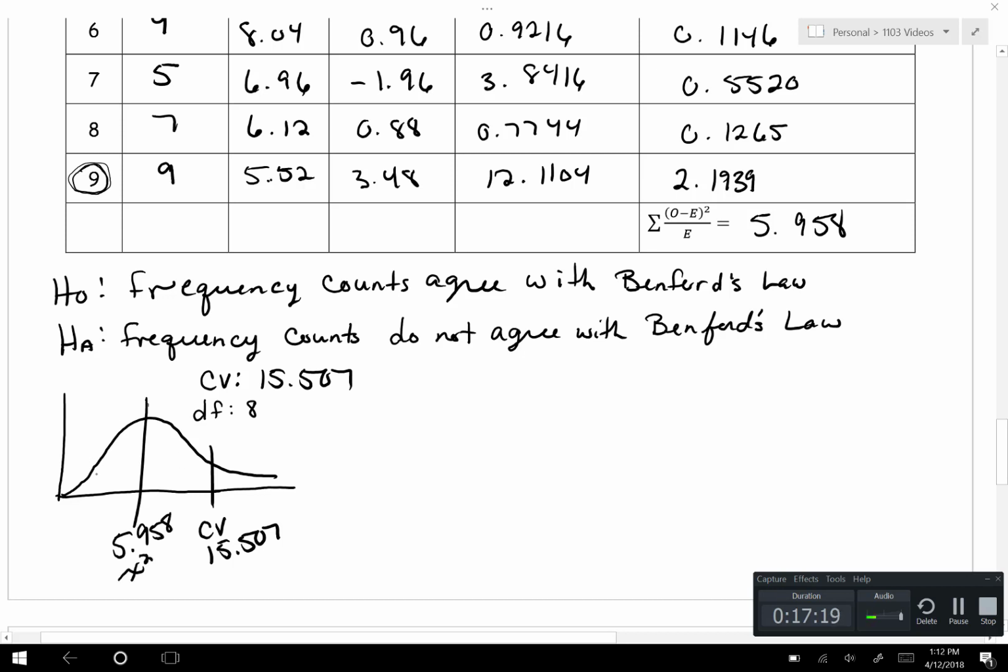So we can see that we are to the left of our critical value, and because it's a right-tailed test, that means that we are going to fail to reject.